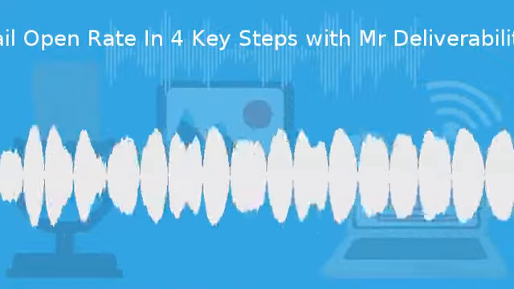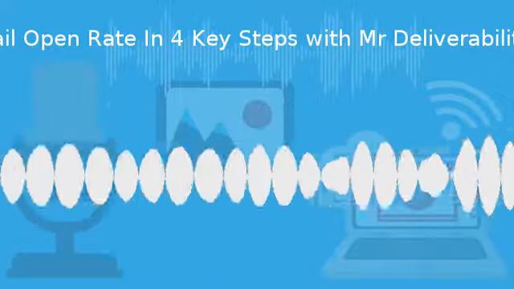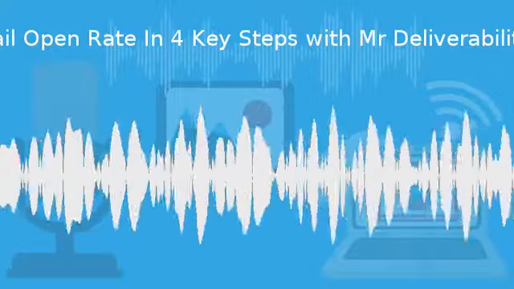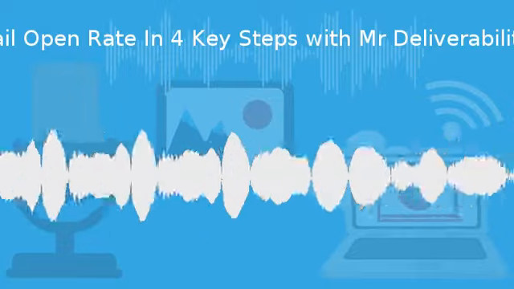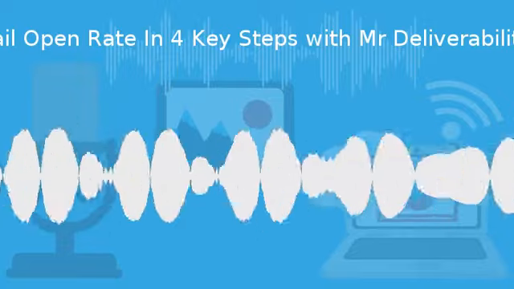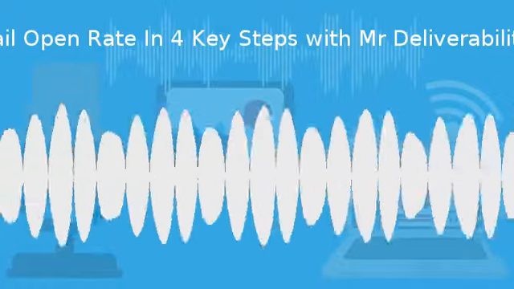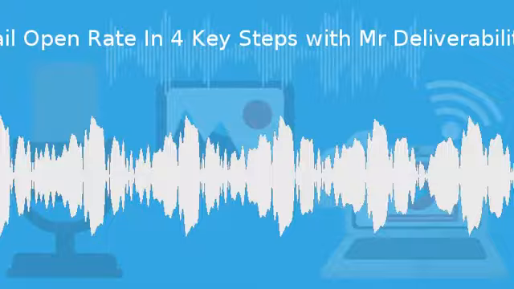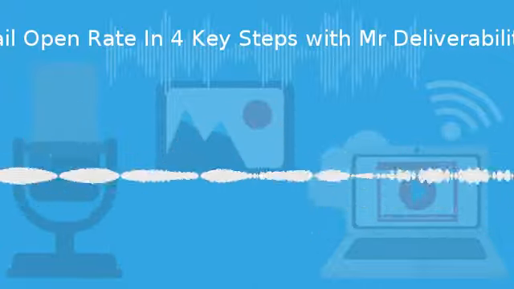Really, really helpful. So to wrap up then, if listeners only took one nugget or piece of advice away, what should that be? If I was going to choose one thing out of that, obviously all 4 are important, but I think, assuming that you haven't bought a list or something horrific like that, managing your engagement on an ongoing basis is the most effective way of keeping things healthy.